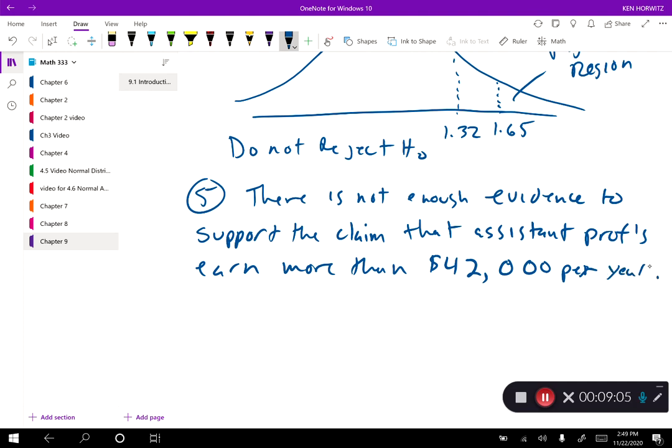All right. So remember, the wording needs to be very precise. There is not enough evidence to support the claim.